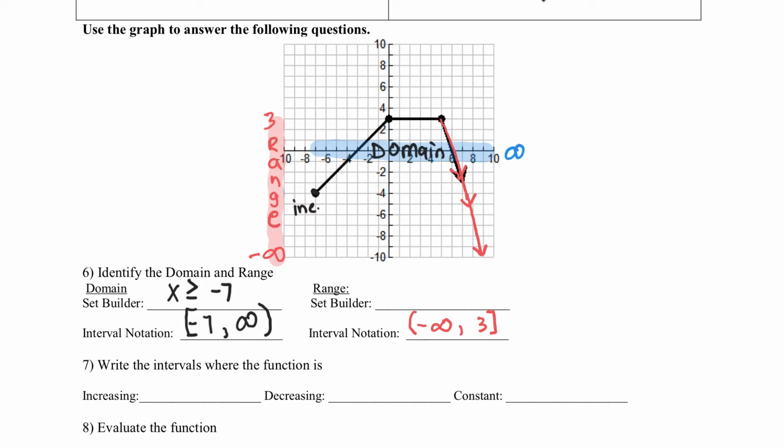So what is the range? Let's think about it. It's kind of awkward the way it looks. But yes, the lowest y value is -infinity. So it's all the numbers that are between negative infinity and 3. For example, we have 3, 2, 1, 0, negative 1, negative 2, negative 3, and so on.